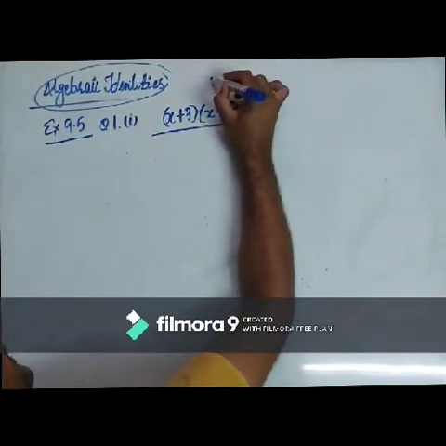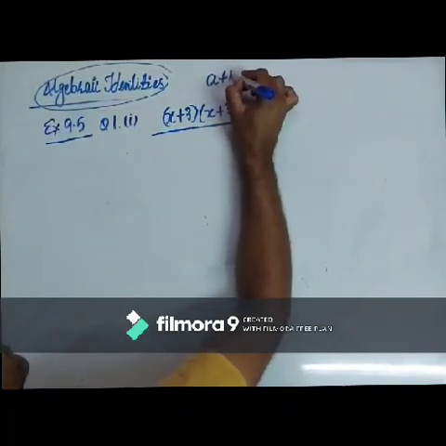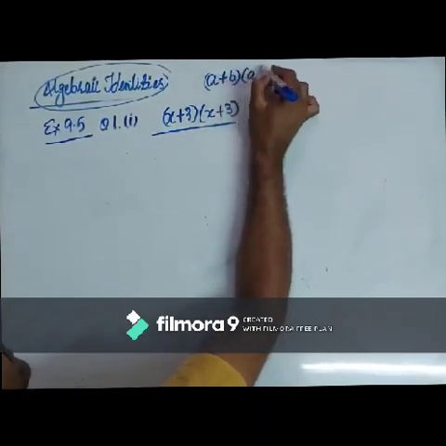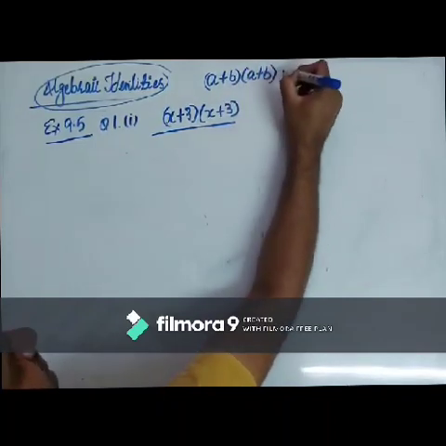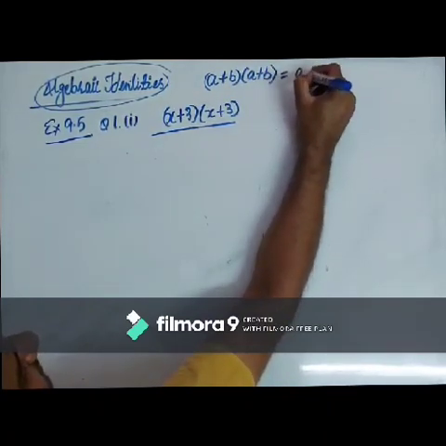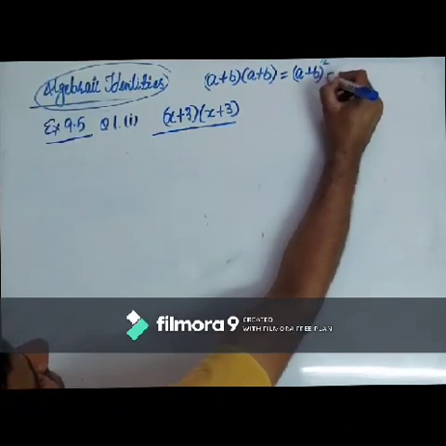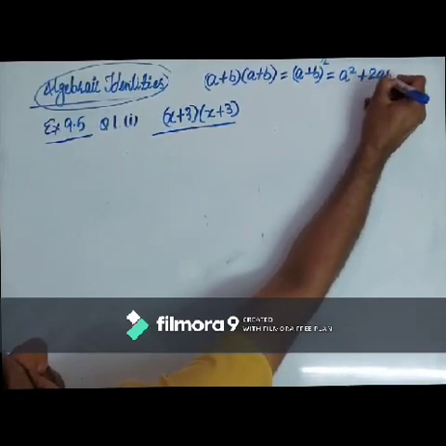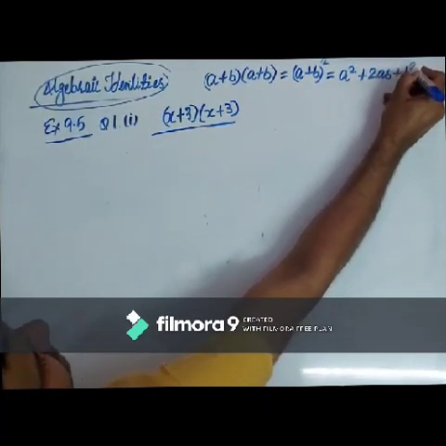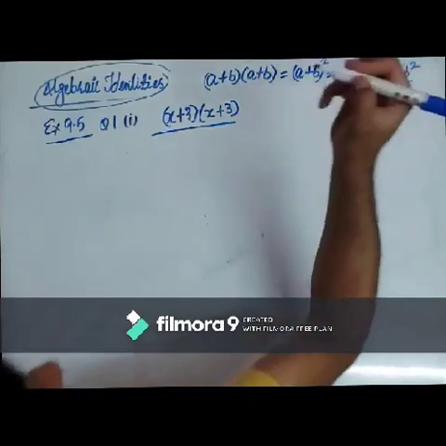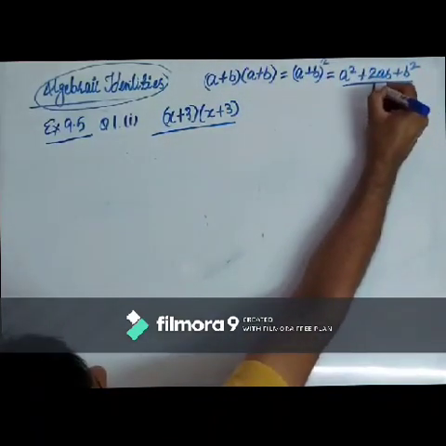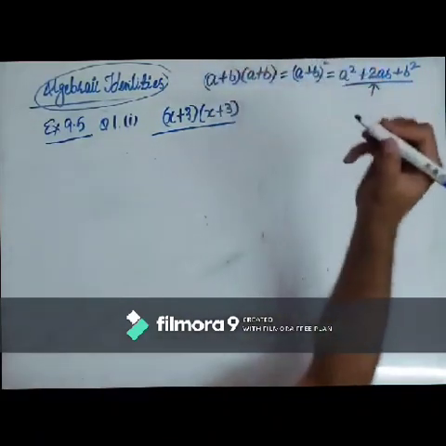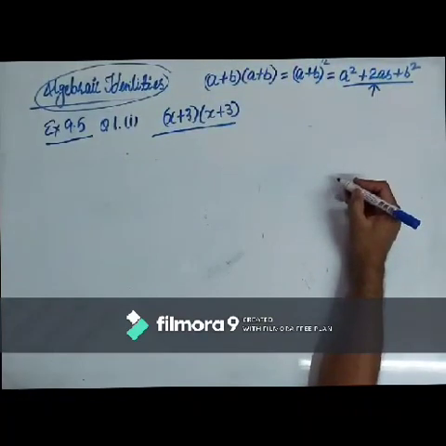This is the category of a plus b and a plus b multiplications, which can be written as a plus b whole square, and its answer is a square plus 2ab plus b square. You just have to remember this: a plus b into a plus b is equal to a square plus 2ab plus b square.